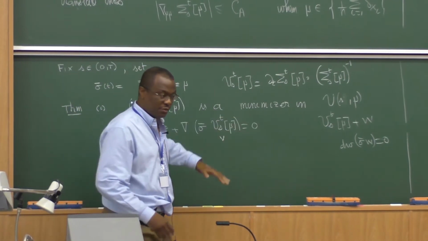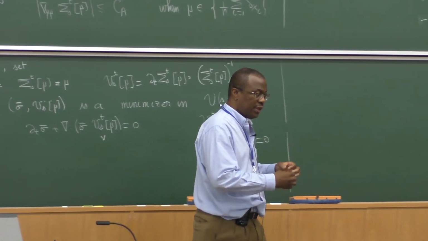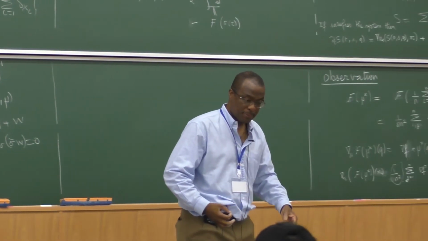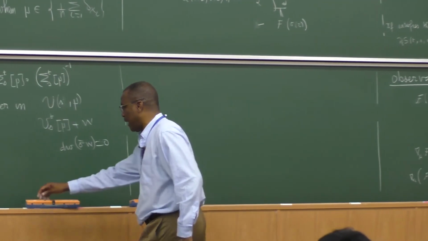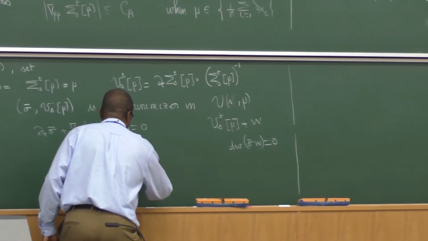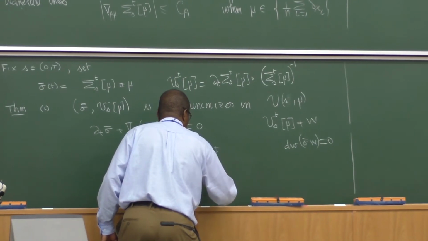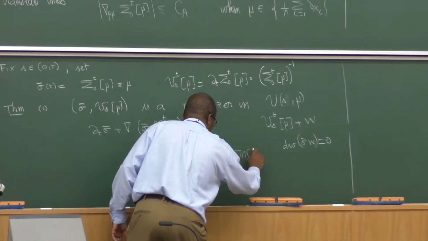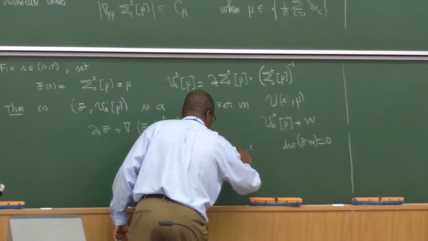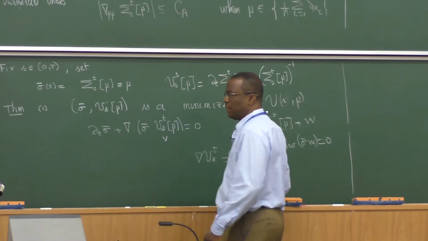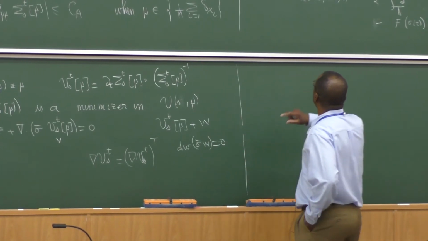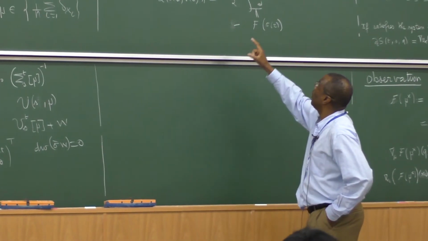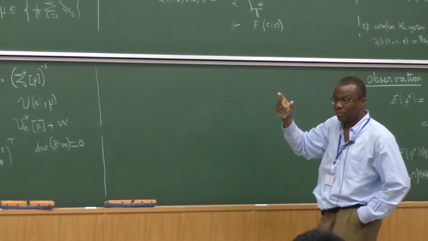Because it is a gradient of a function, it is symmetric. So last time I told you that the gradient of a VST equals the gradient of a VST transpose. It is because formally VST is a minimizer of that problem, and the minimizer of that problem must be a gradient.